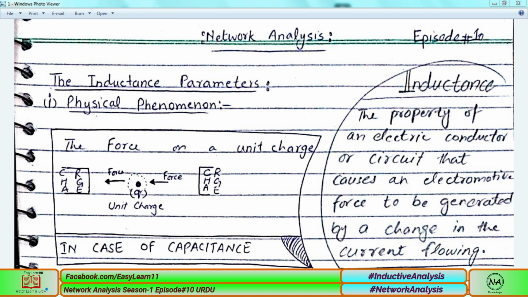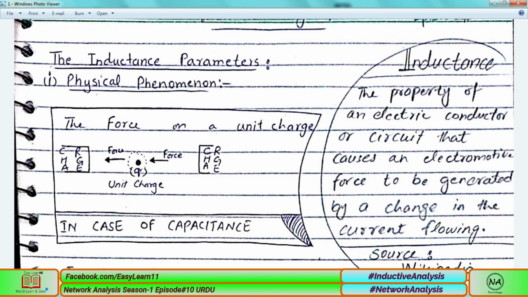That story was continued in the previous discussion, but in today's case it is the inductance. Now let's see how the story begins. According to Wikipedia, inductance is the property of an electrical conductor or a circuit, mostly circuits in networks, that causes an electromotive force to be generated.